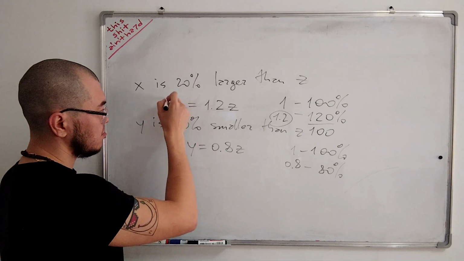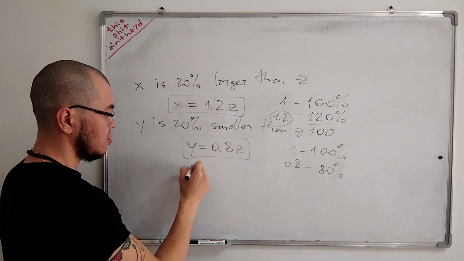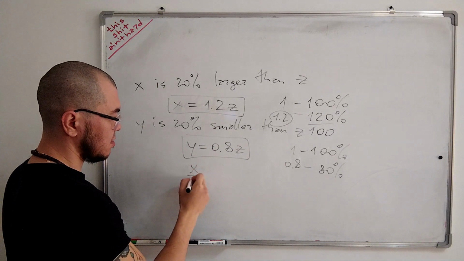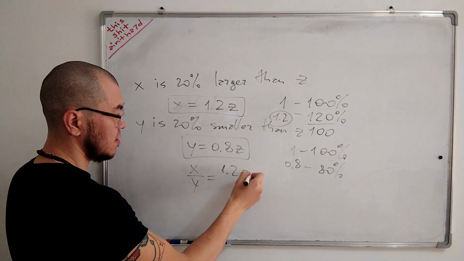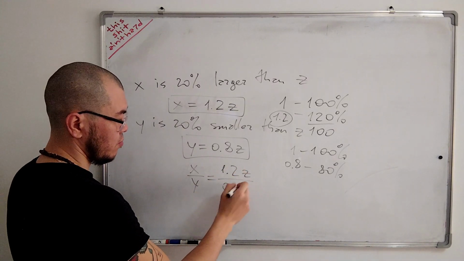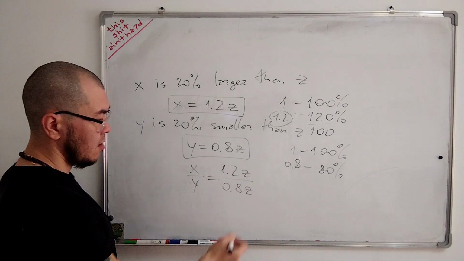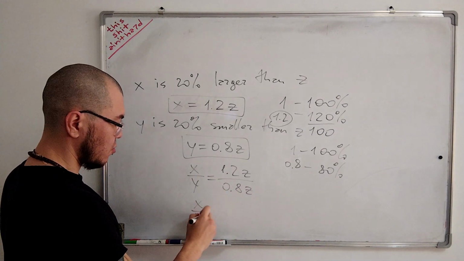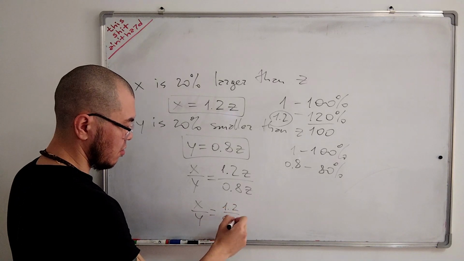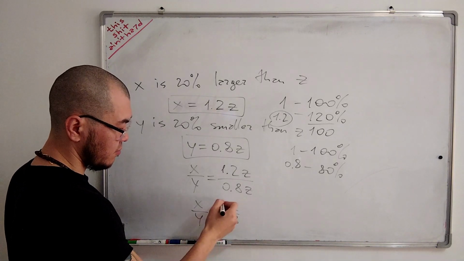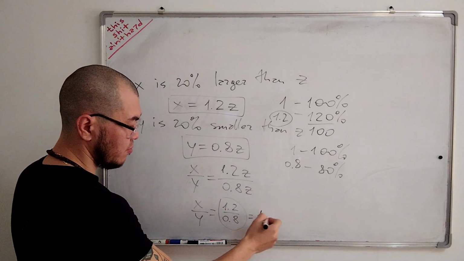How are we doing this? We can divide this equation by this. So what do we have? x over y equals 1.2z over 0.8z. So x over y equals 1.2 over 0.8, and if we calculate this, we get 1.5.